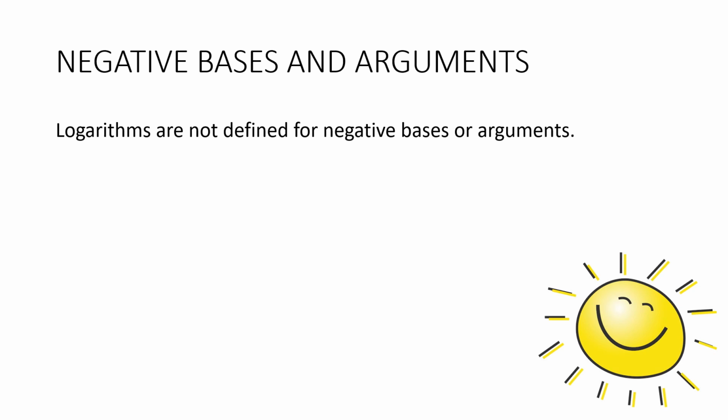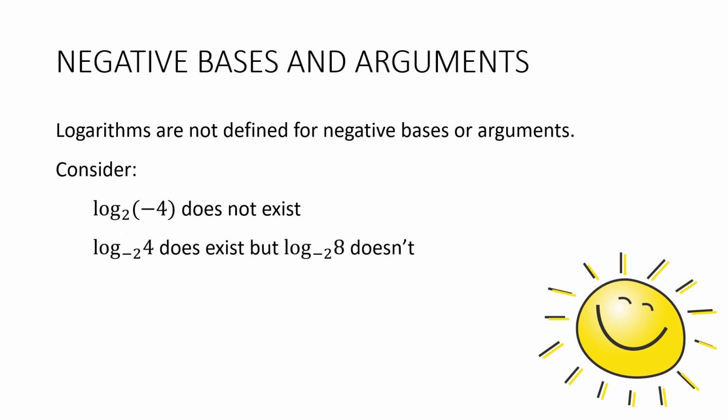Now you might be curious, logarithms are not actually defined for negative bases or negative arguments. A negative argument's easy. When we've got a negative in here, this doesn't actually exist, because 2 to the power of nothing gives us negative 4. So that's obvious why we don't have negative arguments, but negative bases is a little bit trickier to understand.